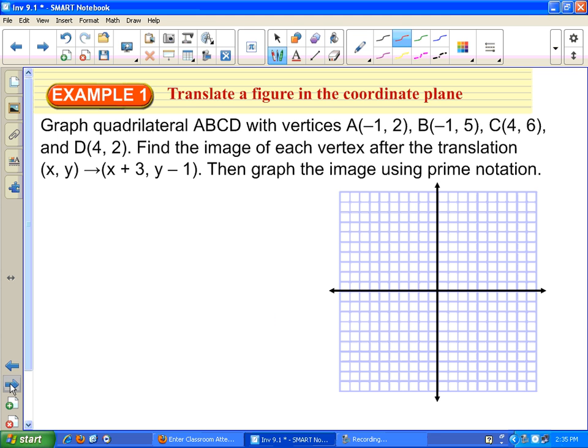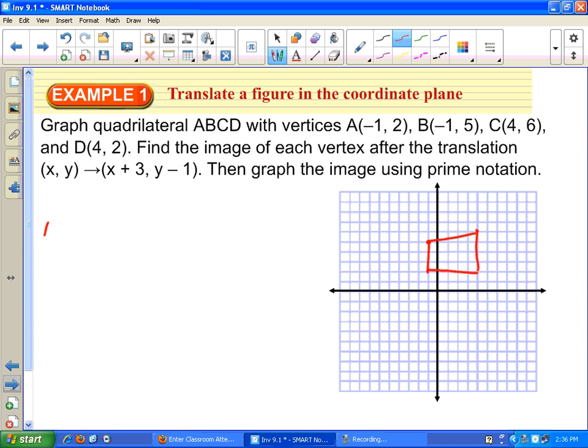So what we're going to start off with right away today is the quadrilateral ABCD, which is at -1, 2, -1, 5, 4, 6, and 4, 2. So if we quickly graph that, we need to apply the translation (x, y) going to (x plus 3, y minus 1).